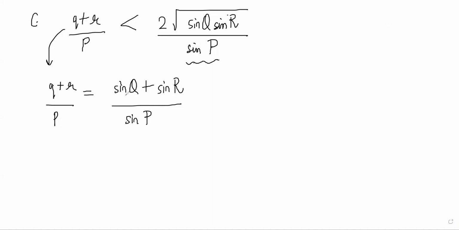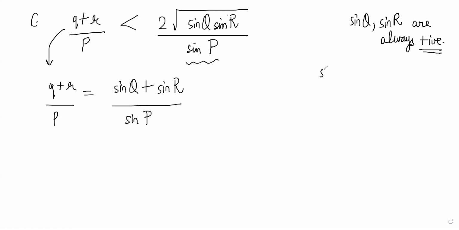And now we can again basically try to use AM-GM here. Why AM-GM? Because sine Q and sine R are always positive, because these are angles of a triangle, and angles of a triangle are less than 180 degrees. So obviously sine is positive for all angles less than 180 degrees.